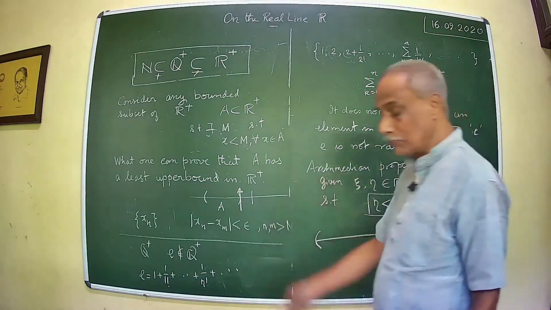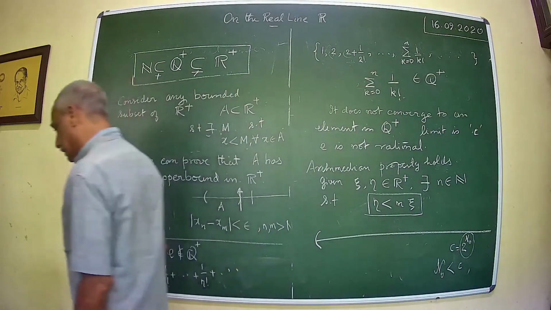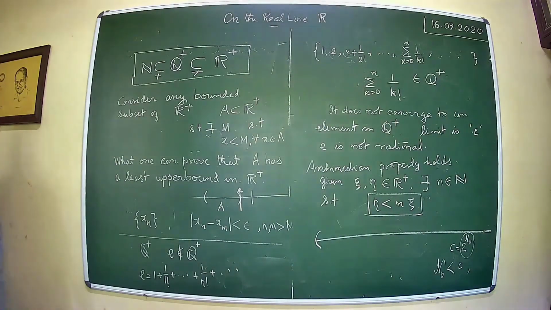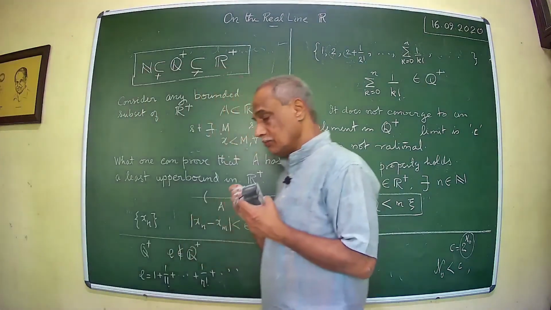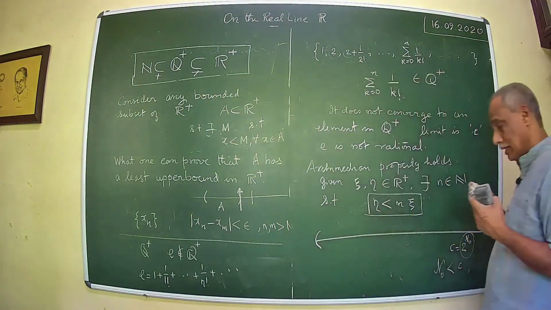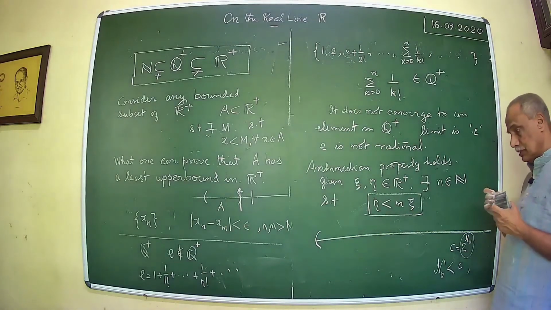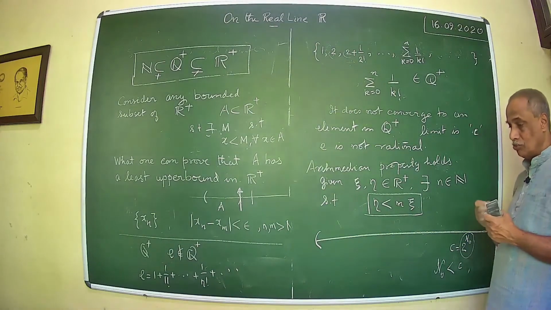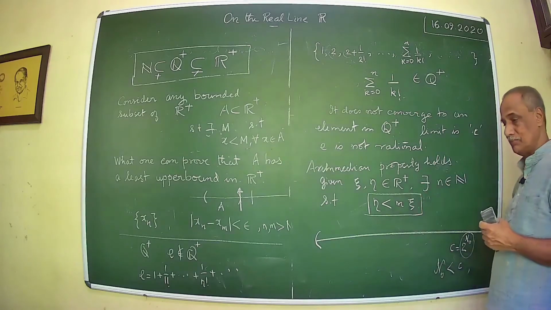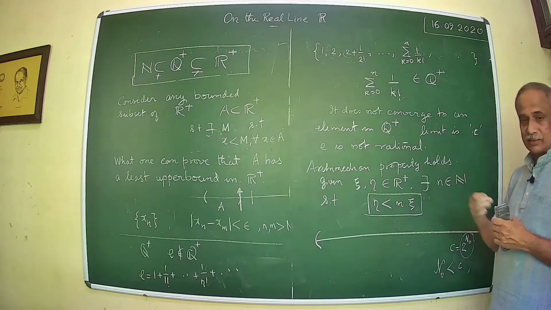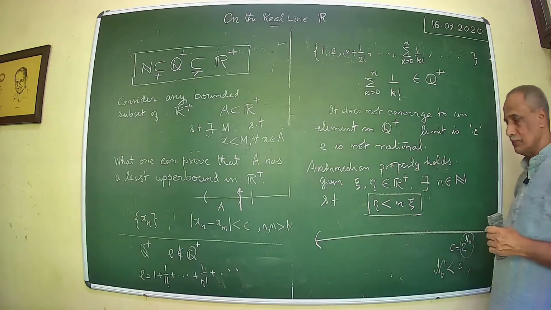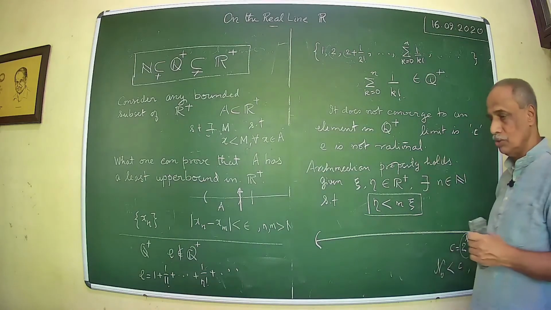Now this is something I said initially, that when we transcend from, say, the natural numbers to rationals, you start observing very weird new phenomena.